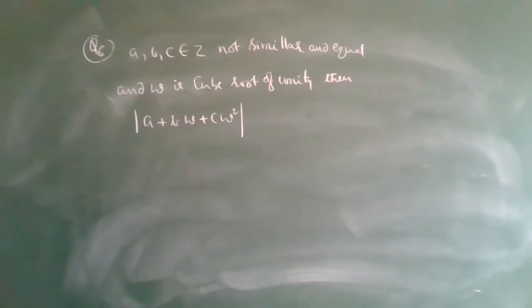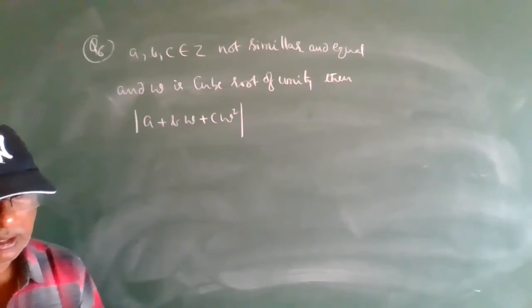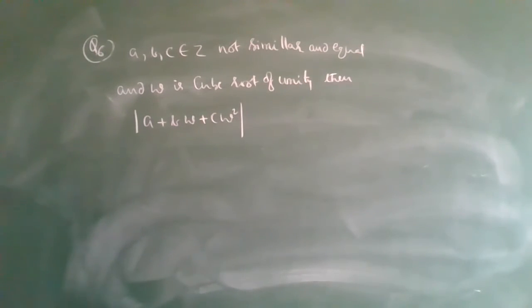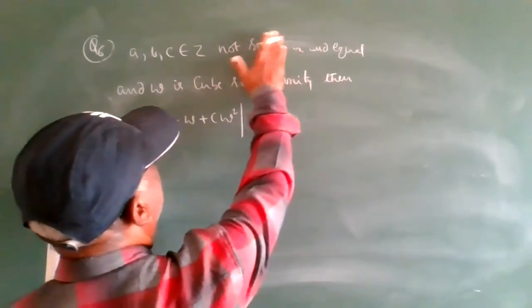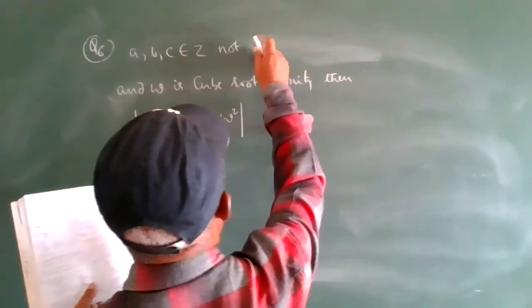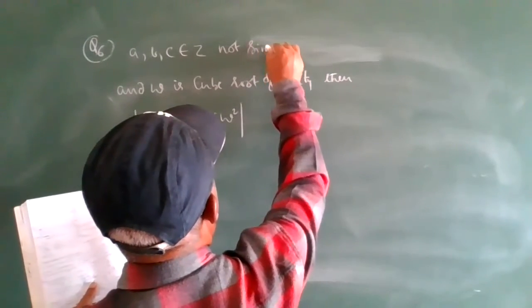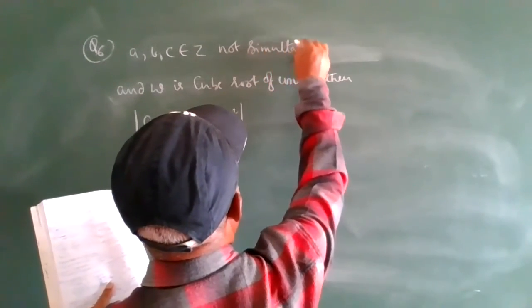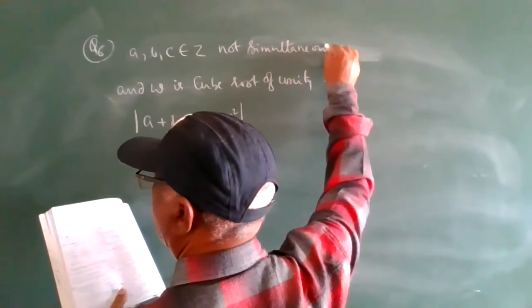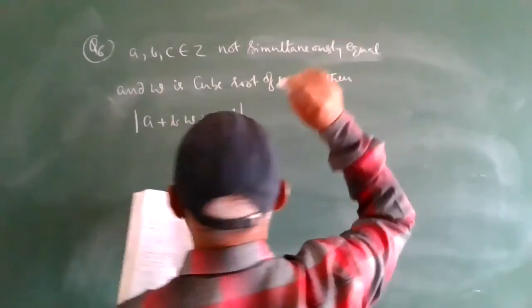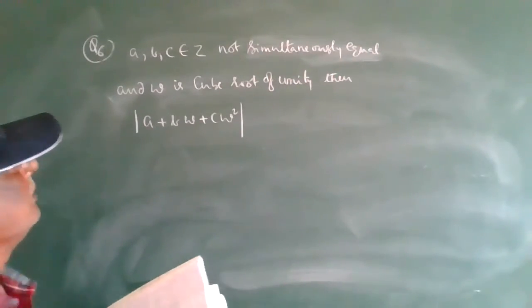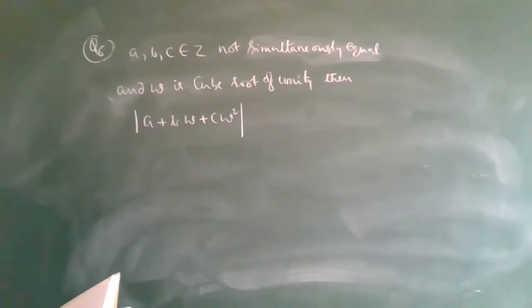Now A, B, C are integers, not simultaneously equal, and omega is the cube root of unity.